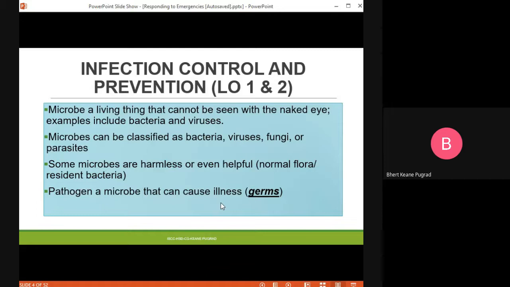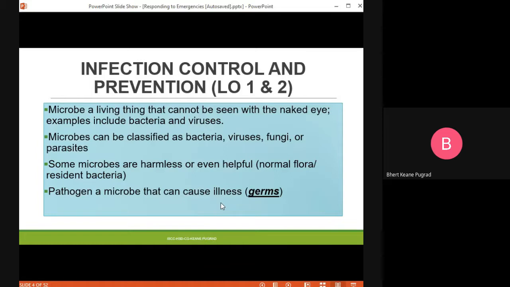However, there are some microorganisms that, when those normal flora travel to other sections of our body, will cause infection. For example, we have E. coli, or Escherichia coli. E. coli is a normal flora in our GIT, particularly in our lower gastrointestinal tract.